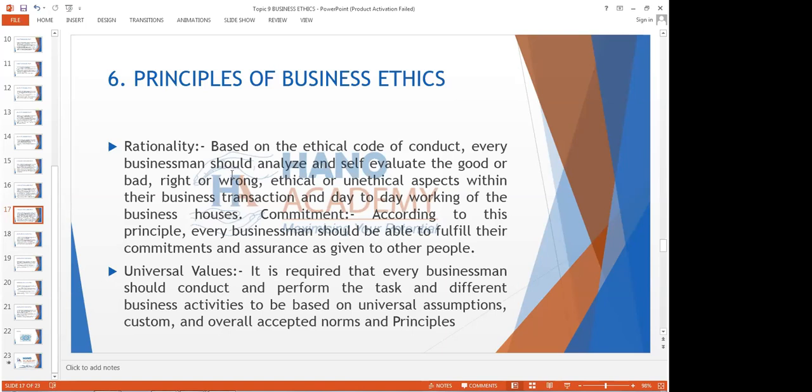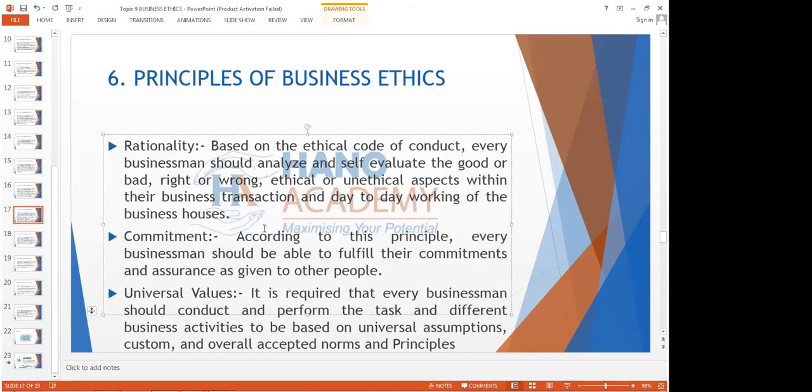So rationality is about making an assessment. You evaluate what is bad, what is good, what is right, what is wrong, and ethical or unethical aspects within the business. So that's being rational in business ethics as the next principle.